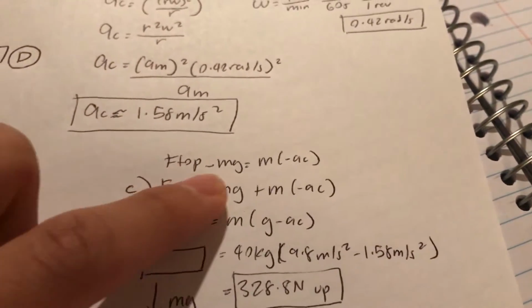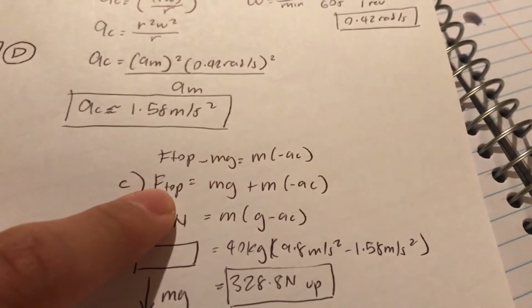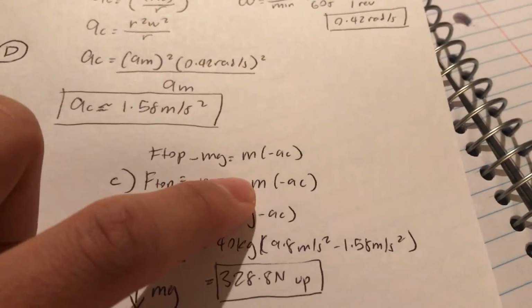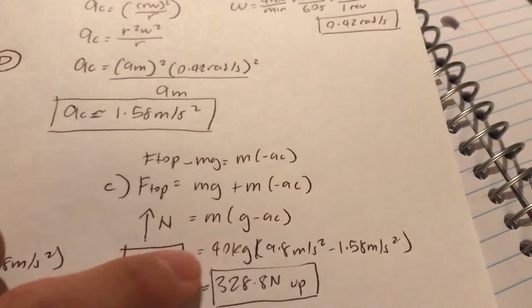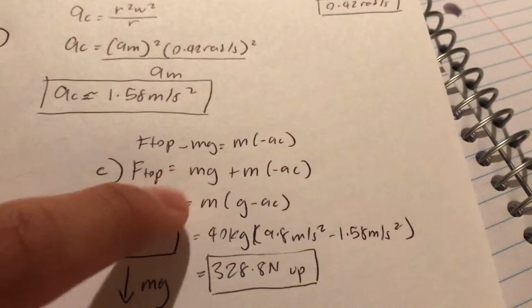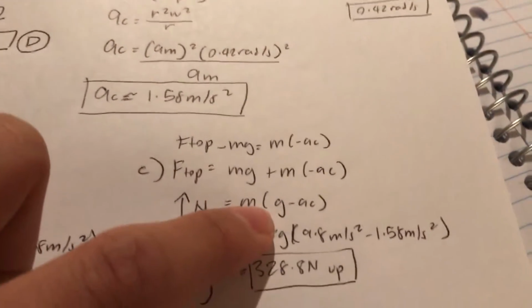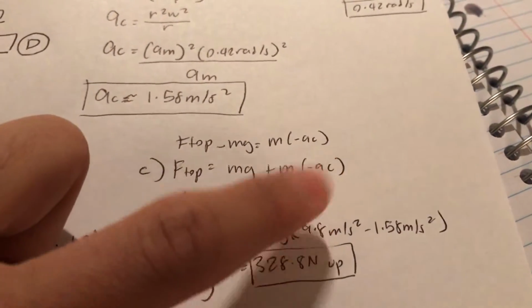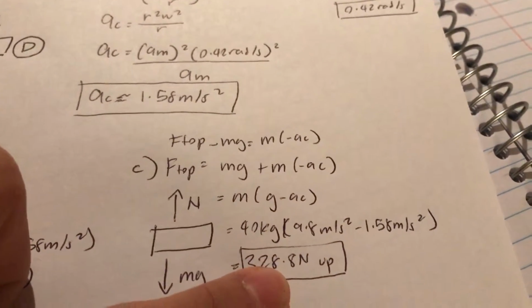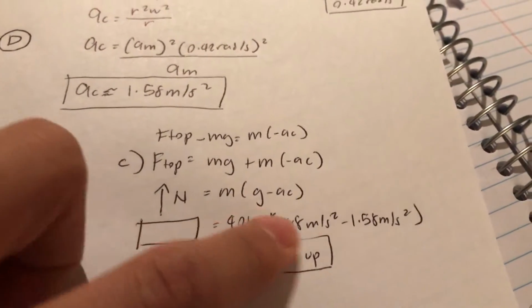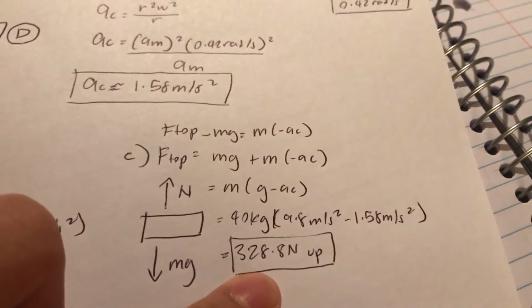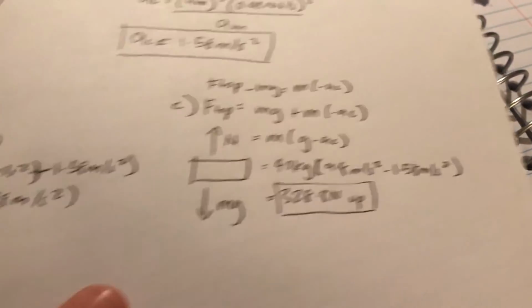So we can move mg over to this side. So F top equals mg plus m times negative centripetal acceleration, and you can do the reverse distribution of that again, m times gravity minus centripetal acceleration, and you substitute the known values, and you get 328.82 newtons up.